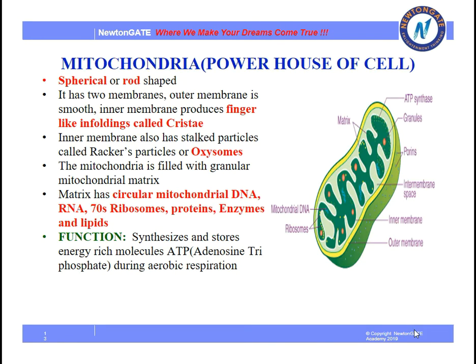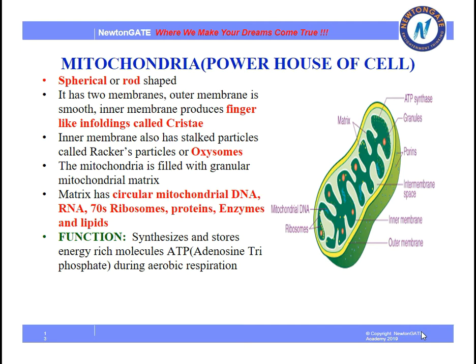Mitochondria, the powerhouse of the cell, is a spherical or rod-shaped organelle that has two membranes, one outer and one inner membrane. The inner membrane produces finger-like enfoldings that are called cristae. The inner membrane also has stalked particles called Racker particles or oxysomes.